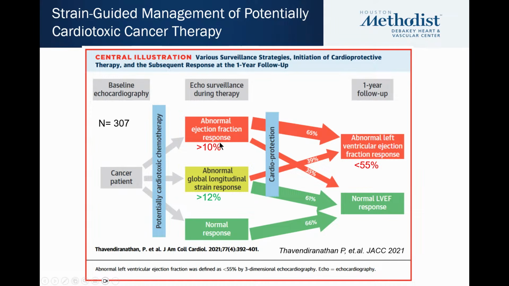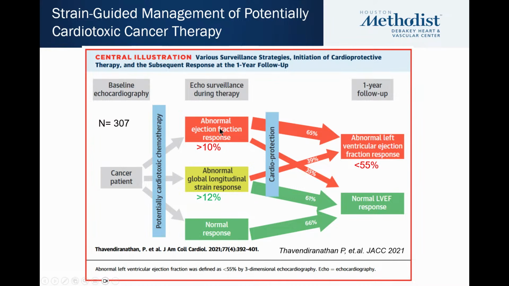Relative points, not 10 absolute points. So a drop in EF was an indicator to start cardioprotection. The other group that was randomized was, we don't care about EF. If the GLS dropped over 12%, we will initiate cardioprotection.